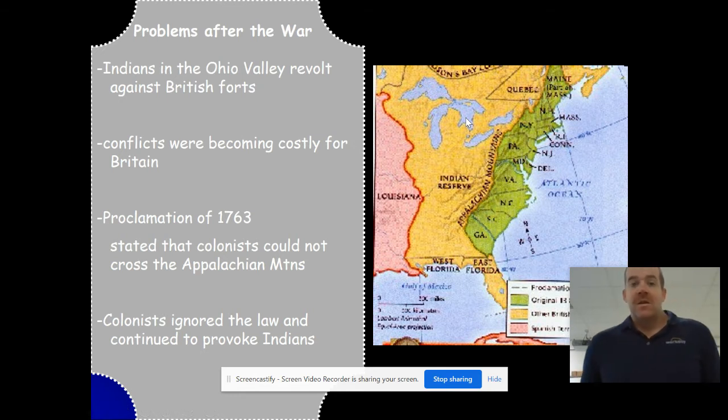So the big one, the first one, is the Proclamation of 1763, the end of the war. This is a big problem. The British basically tell their colonists, you are not to go west of the Appalachian Mountains. Don't go there because we don't want more conflict with the Native Americans, or the Indians.